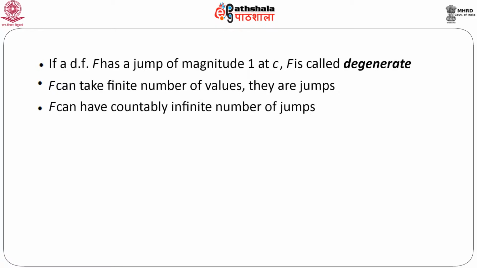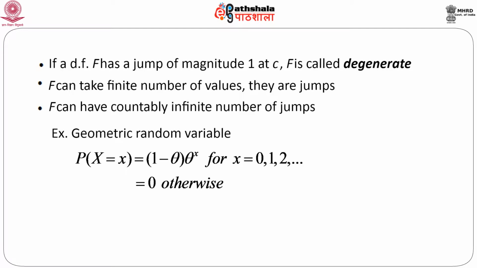F can also have a countably infinite number of jumps. As an example, let us consider the geometric random variable, where probability capital X equals small x, which is nothing but the amount of jump of capital F at x equals small x, is given by 1 minus theta into theta to the power x.